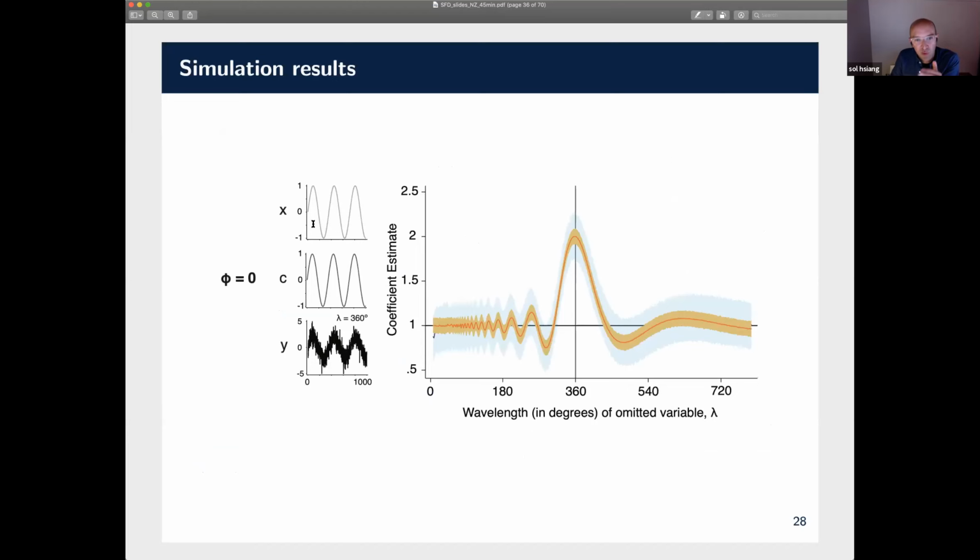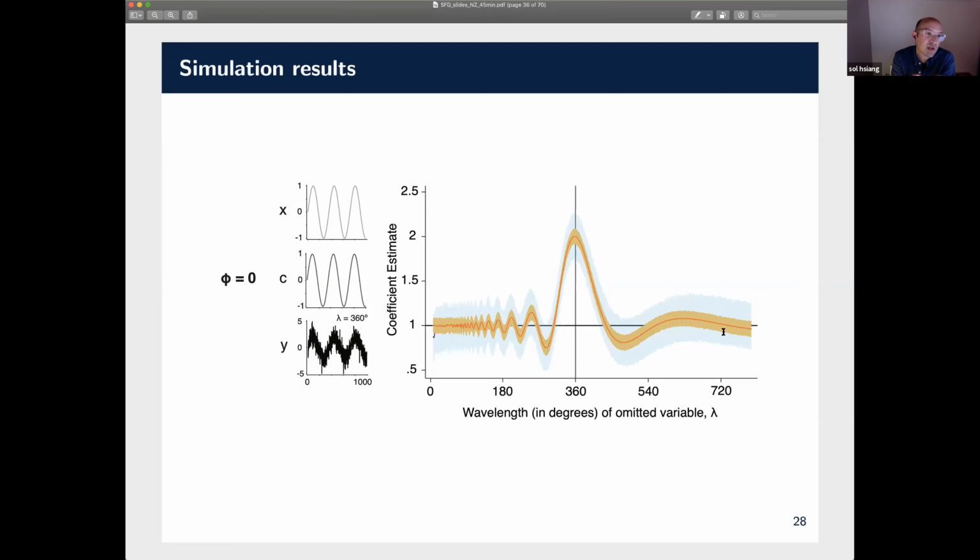when there's no noise in your treatment, when you difference, you get very bad performance. What I'm showing on this graph is our estimated coefficient for both levels and first differences as we change the frequency of the sinusoid for the omitted variable.